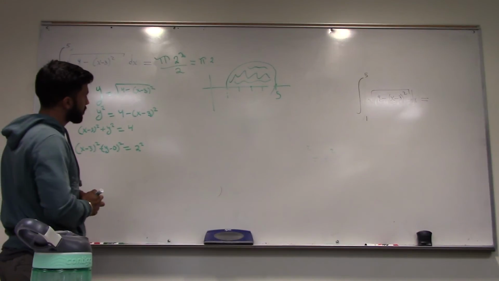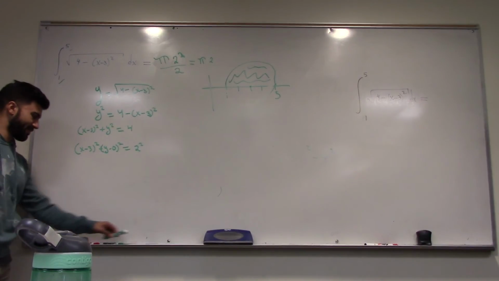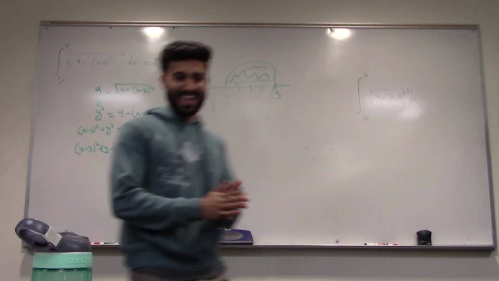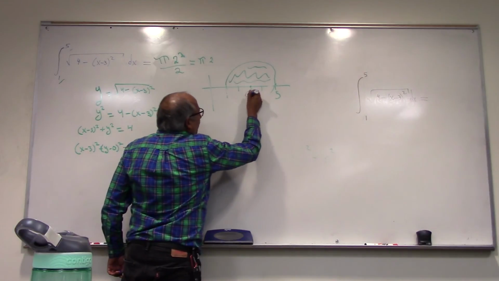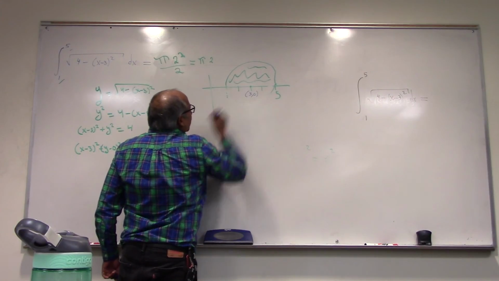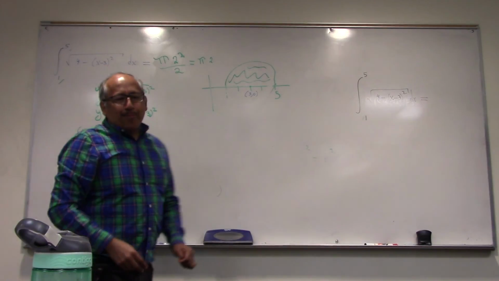Pi times 2 or 2 pi, right? Ta-da! Alright, give a clap to Sorb, alright? This is the center of the circle, 3, 0, right? You good? Alright, guys.